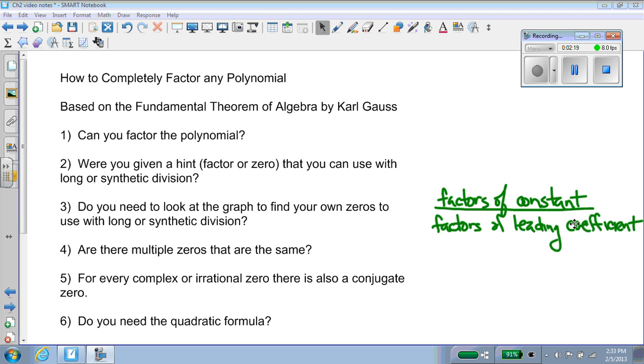Your life is better because you can look at the graph and then determine that these possible rational zeros are the ones that I actually want to start with because they look like they're going to work.